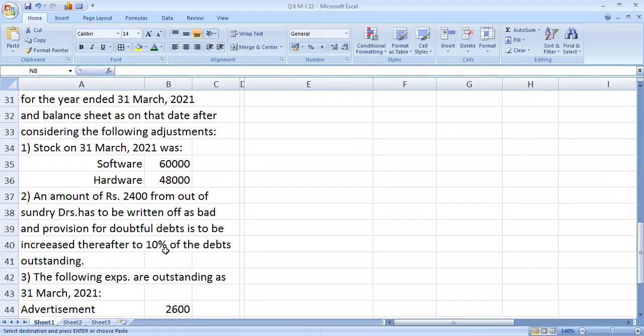It means 2,400 is the bad debts deducted from sundry debtors. After deduction of 2,400, calculate 10% RDD on the remaining balance of sundry debtors and deduct this from debtors, and the second effect goes to the general profit and loss account debit side.